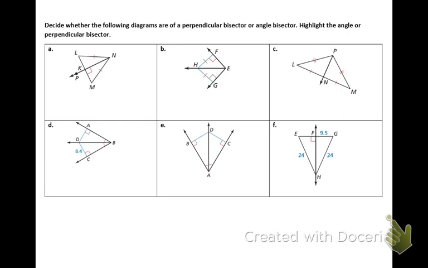Sorry guys, I'll pause. Alright, this last section, we're going to decide whether the following diagrams are of a perpendicular bisector or an angle bisector. Then we're going to highlight them. So this is the bisector, and we'll talk about what kind it is.